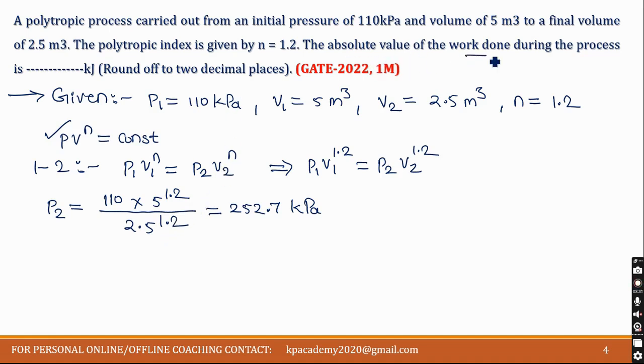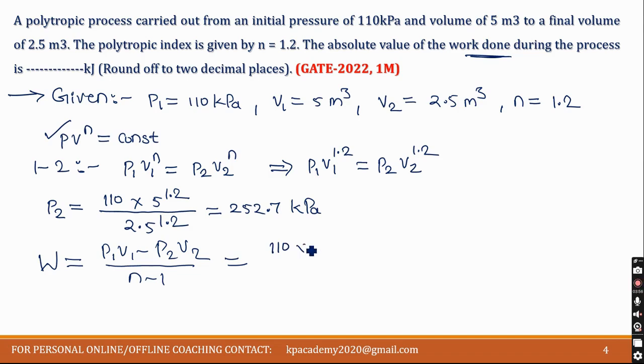But in this question we have to find the work done. For a polytropic process, the equation for work done is P1 V1 minus P2 V2 divided by n minus 1. Now we know all the values, we just have to put them in.